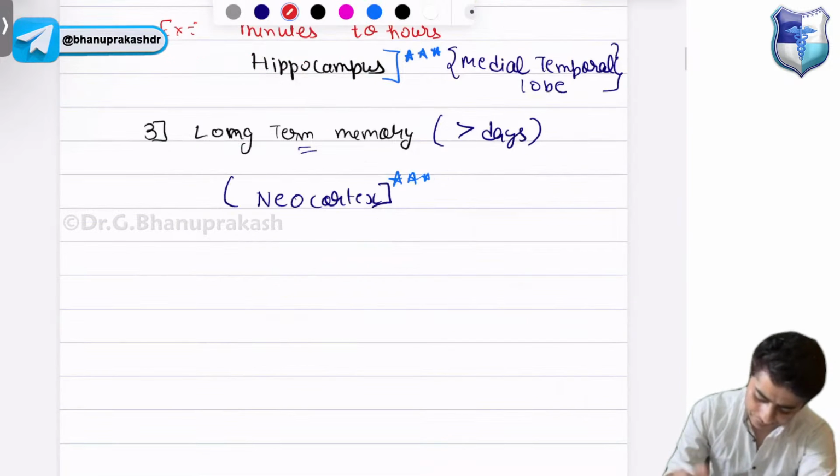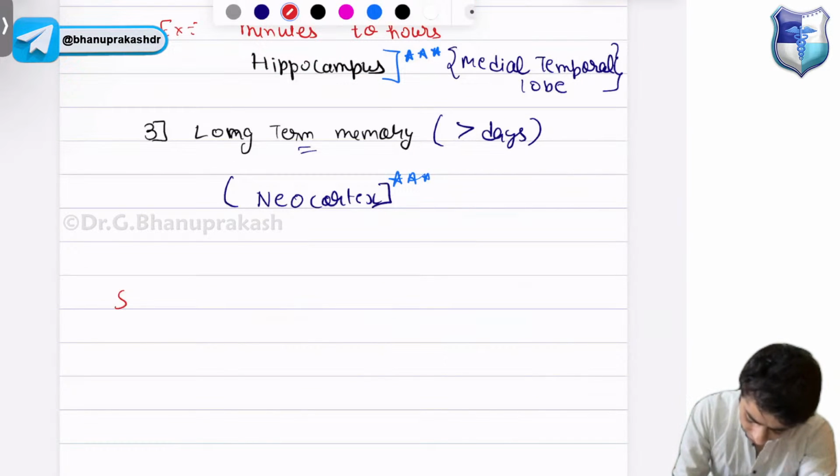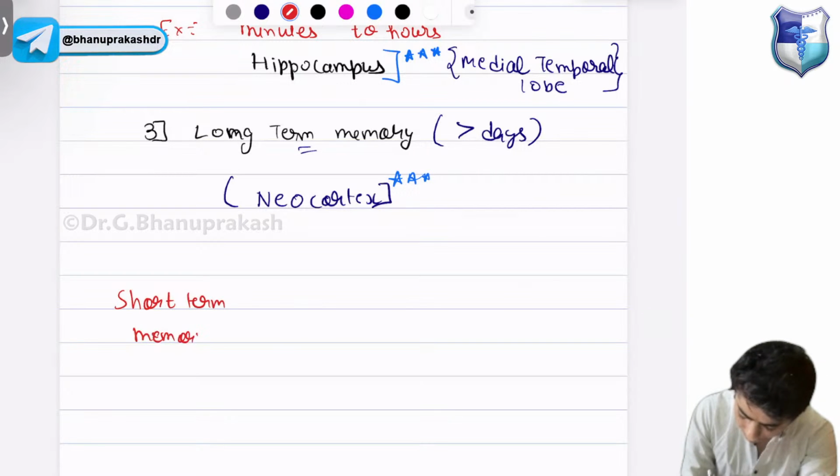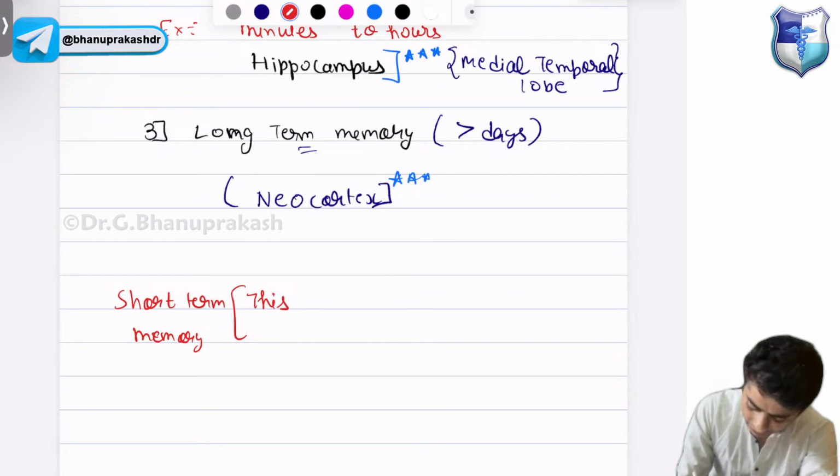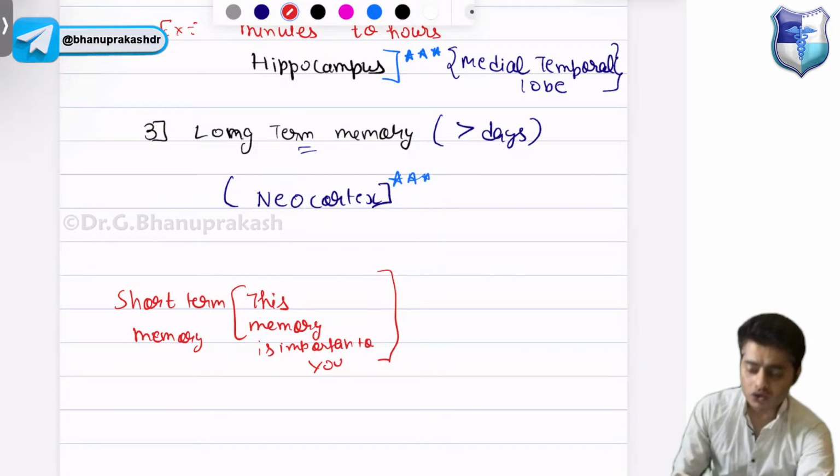So if there is a short-term memory, and this memory is important to you, what will you do?